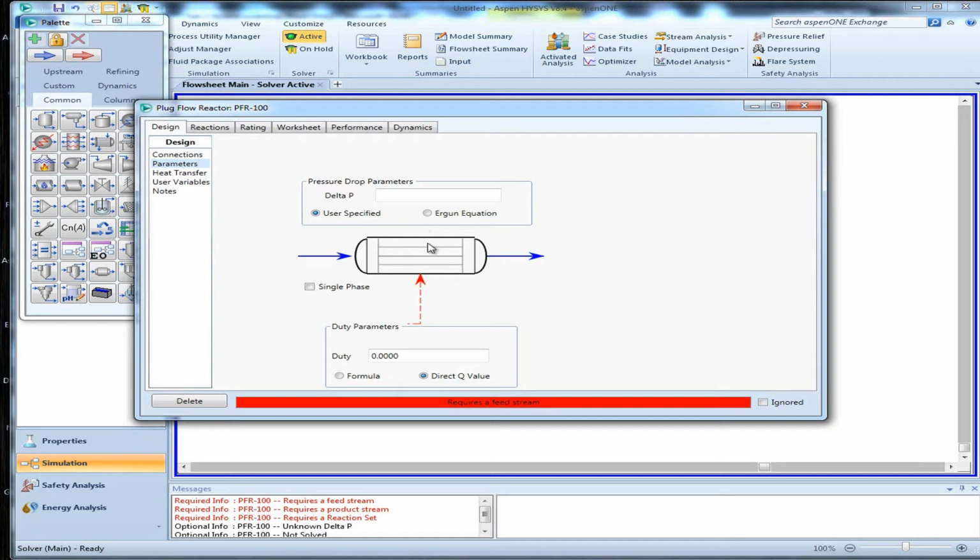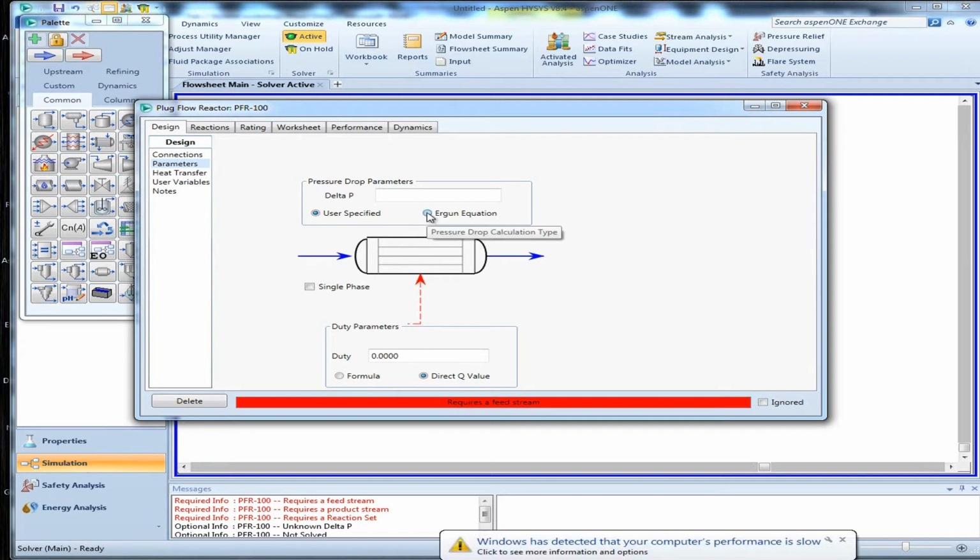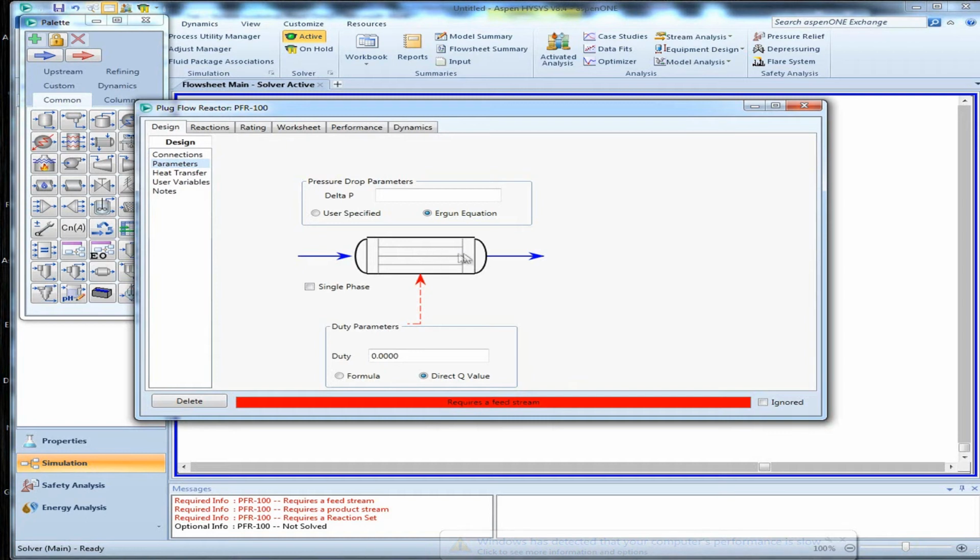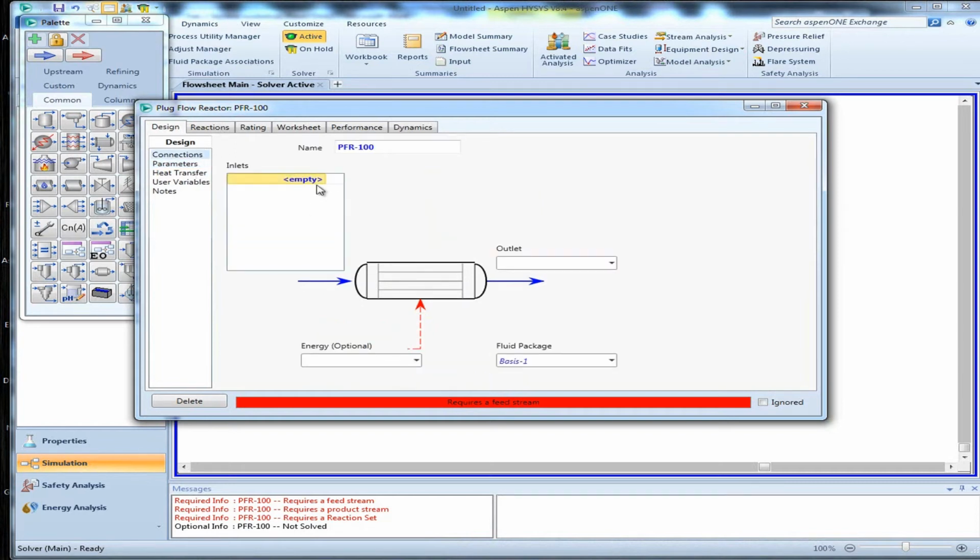So the pressure drop should take place here. What we use is the Ergun equation to calculate the pressure drop inside a tube that has something obstructing the flow. Okay, so we use number 5, and now to number 4 and number 5.